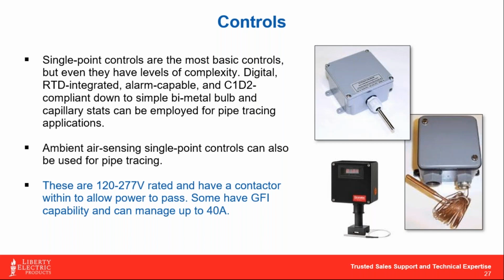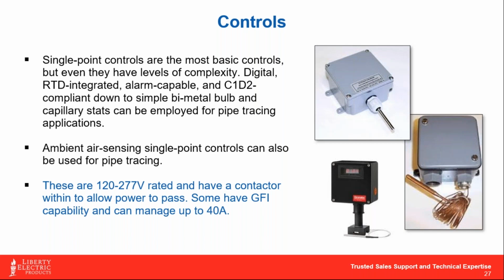We've got stuff that are bimetal, bulb and capillary thermostats, like you can see in that picture to your right there, that are non-indicating. Those things have been around for 50 years, so they still work. They just generally have a plus or minus temperature accuracy of 3 to 5 degrees. When we look at something digital with an RTD or a thermocouple on it, we're usually within plus or minus a degree. So if that matters, I'd go with the higher end control.